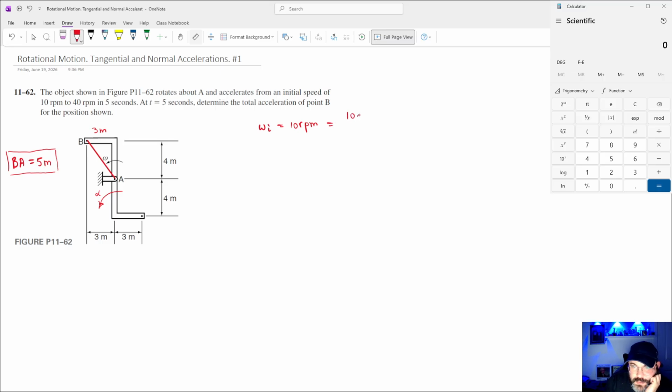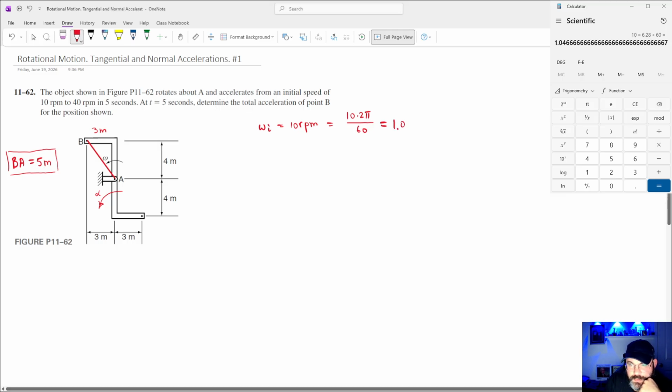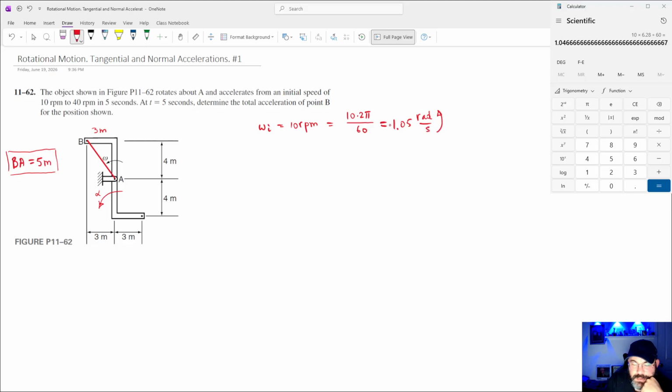So we have 2 pi radians in 1 revolution, and then we have 60 seconds in 1 minute. So this is equal to 10 multiplied by 6.28, taking pi after the third significant figure, divided by 60, and this is 1.05 radians per second counterclockwise, right?